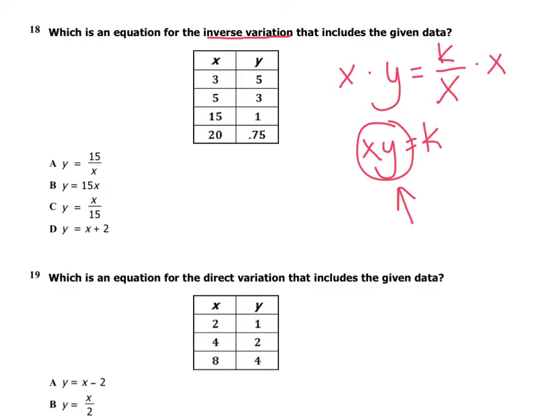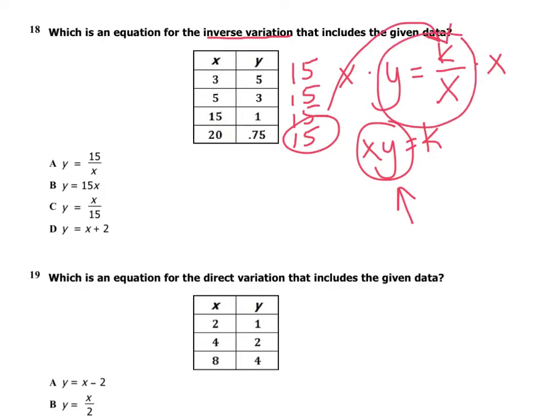So let's find the product of each xy. 15, 15, 15, and 20 times 0.75, also 15. So that means my 15 goes in the spot for k in this formula. So y equals 15 over x, or xy equals 15. Now I'll look at my answer choices. 15 over x is A.